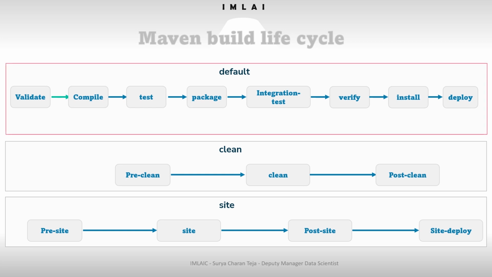Then once it's compiled, it will go for the testing. So here it's unit test, then package, and after the package, integration test, and then we will verify the same, install and finally deploy.